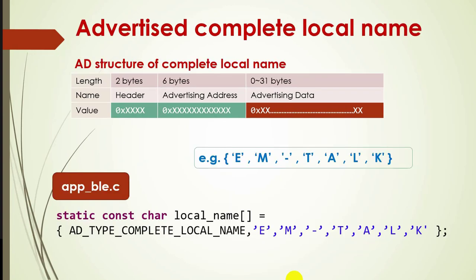For example, we can see the advertising packet for the advertised local name. So 2 bytes of header, then we send 6 bytes of advertising address, and the 31 bytes can consist of the name of the device, which is the local name.